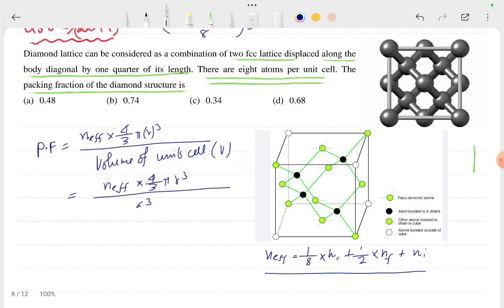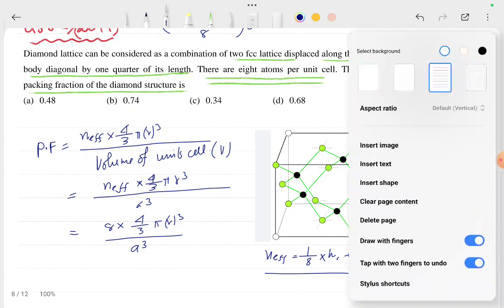Okay, that's fine. Next, our task here: N effective is equal to 8. So N effective into 4/3 pi r cube equals upon a cube. Next, we calculate the value of r. How can I calculate it? That is very important.